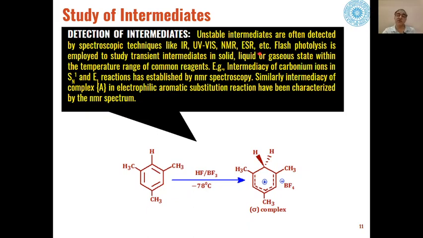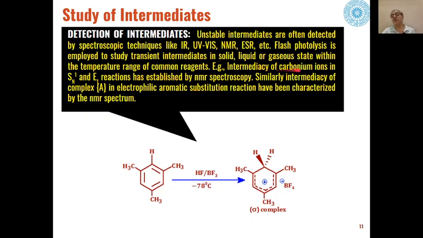That is, if there is a single electron present in that intermediate, we can detect those paramagnetic intermediates through ESR spectroscopy. And even flash photolysis has also been employed to study transient intermediates in solid, liquid, or gaseous state within the temperature range of common reagent.